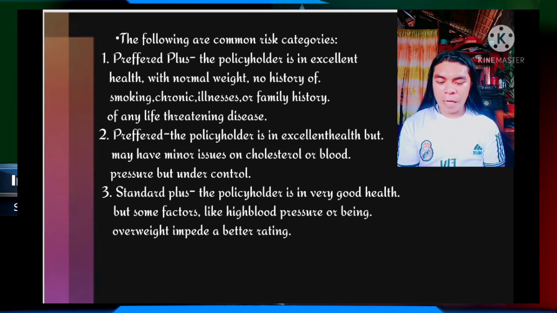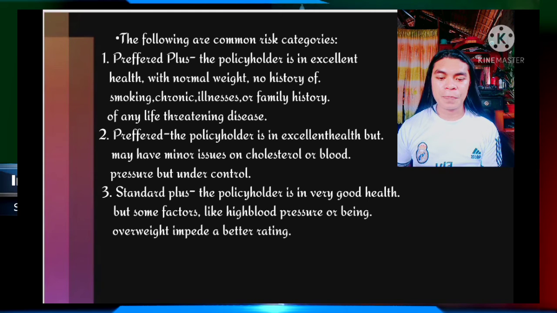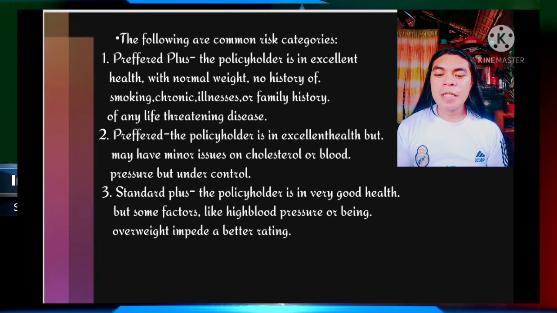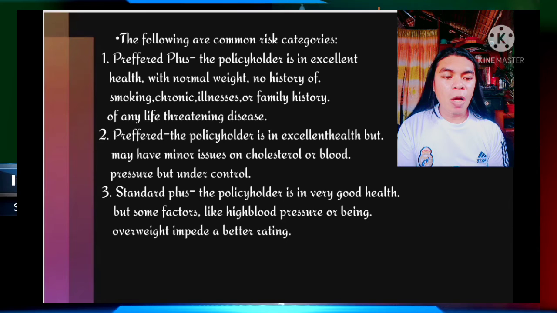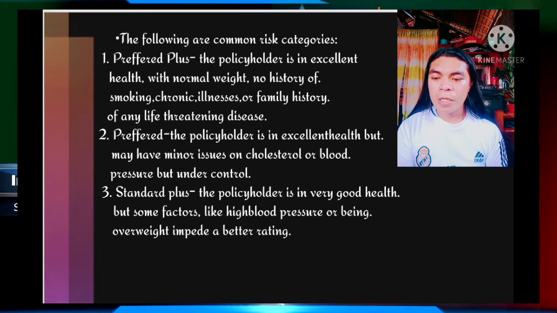The following are common risk categories. First, preferred plus class. The policyholder is in excellent health with normal weight, no history of smoking, chronic illnesses, or family history of any life-threatening disease. Second is preferred. The policyholder is in excellent health but may have minor issues on cholesterol or blood pressure, but under control. Third, standard plus.